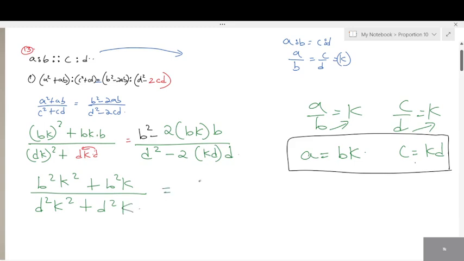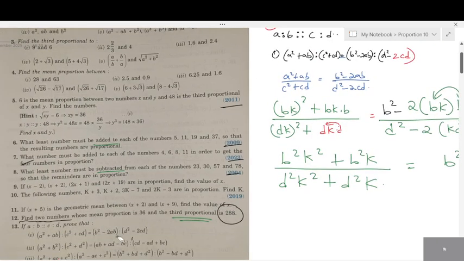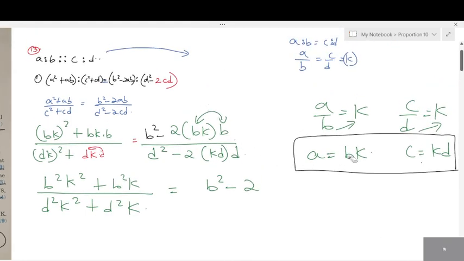Is equal to B square minus, no, B and D both are different, right? Is it B and B or B and D? What's the question? 2AB, 2CD. Okay, 2AB, 2CD.